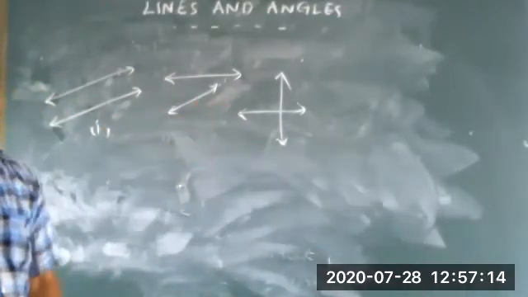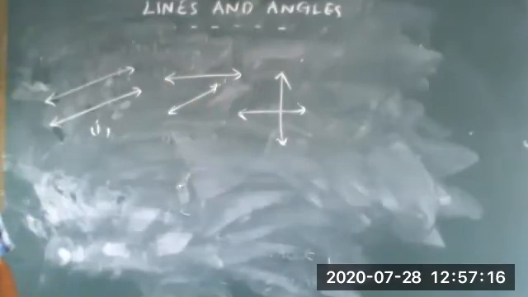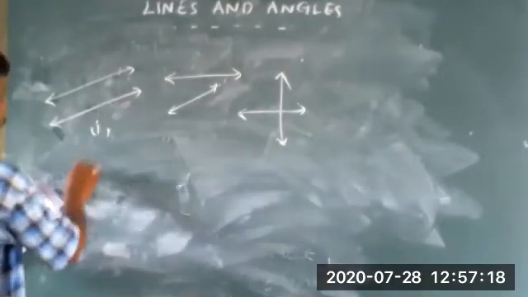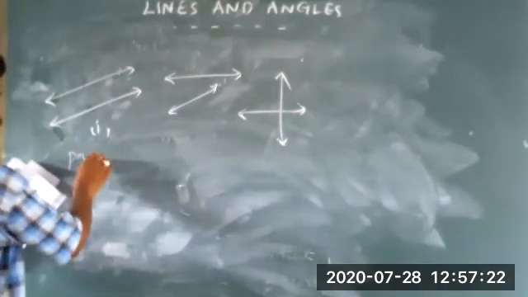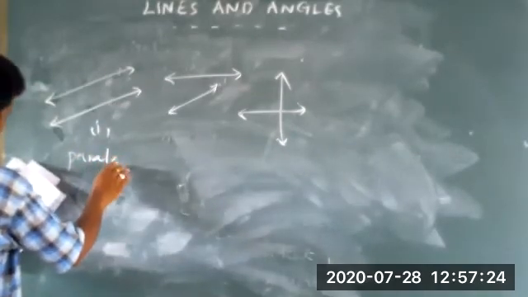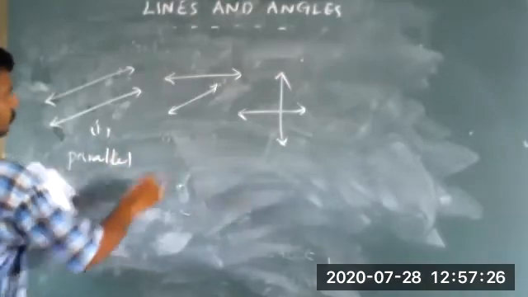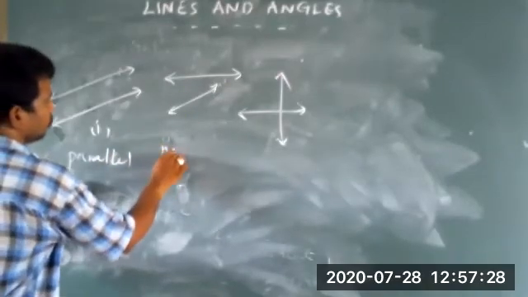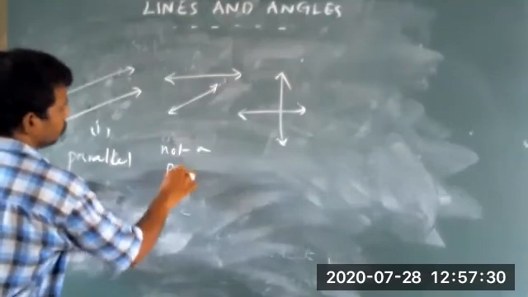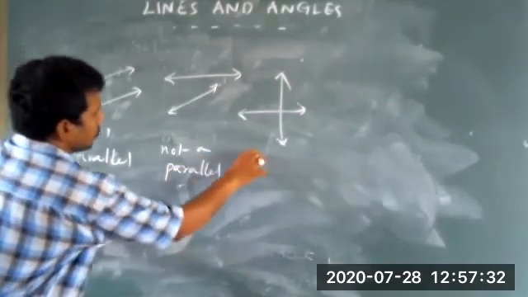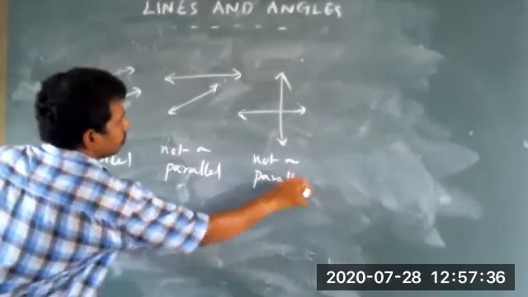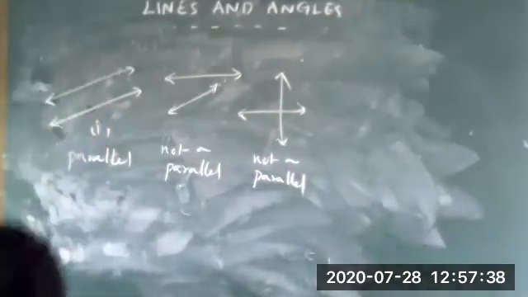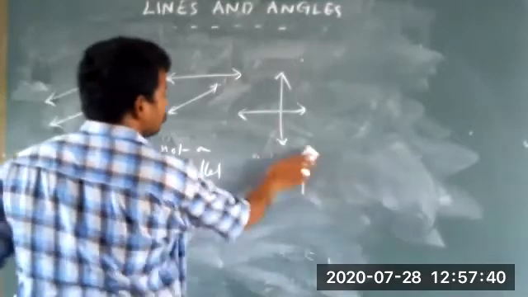The second and third pairs are not parallel lines. Not parallel. Clear, children?